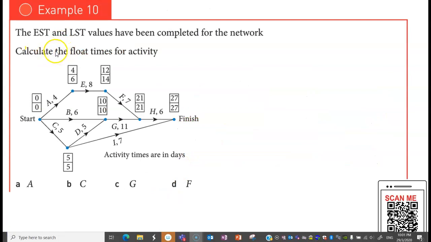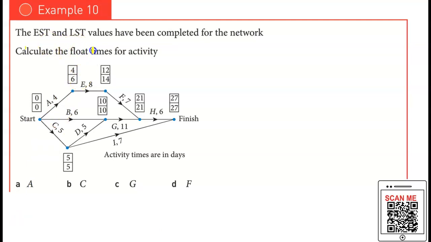Right, now let's try to solve example 10. From here, you are supposed to find the float times for the activity. Okay, and it seems like there are 4 sections here you have to answer.